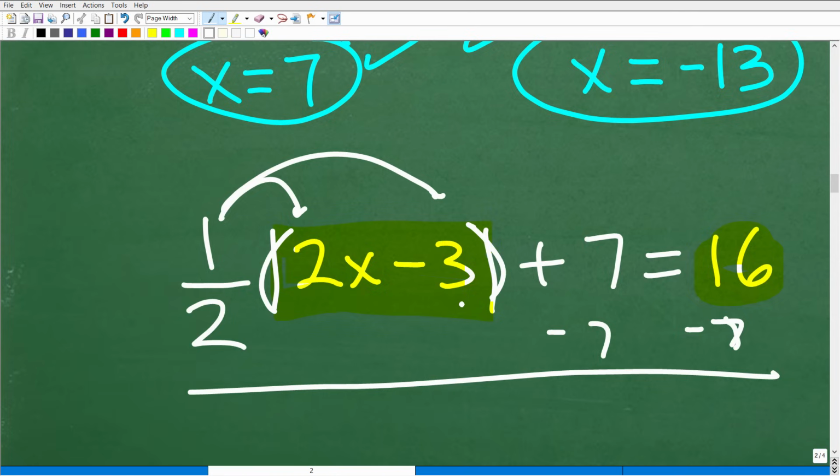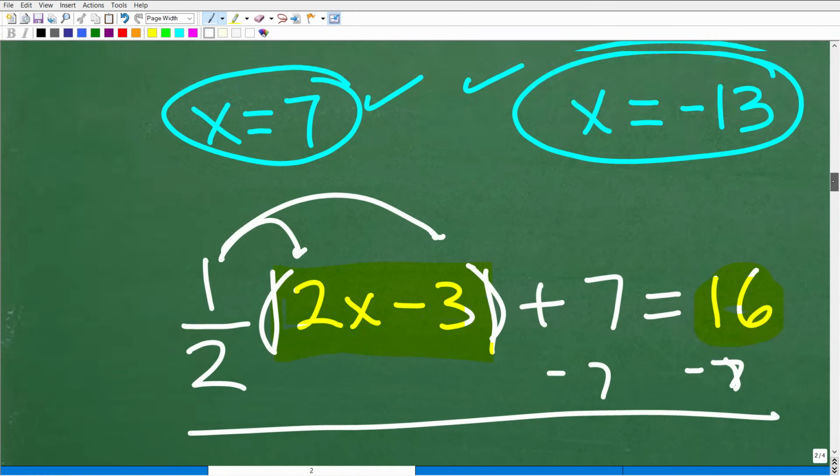So this problem that we just solved, the absolute value of x plus 3 is equal to 10, is a basic problem. There are other things you need to practice when it comes to solving absolute value equations to really get that full certification as a professional expert in this area.